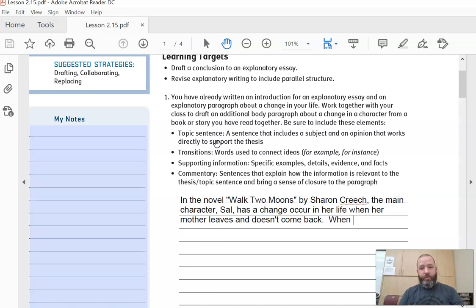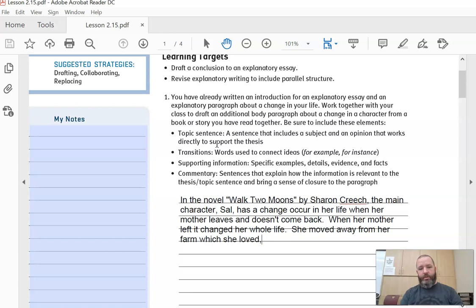Okay, when her mother left, it changed her whole life. Okay, so this is going to be the supporting information of what changes occurred in Sal's life because of it. She moved away from her farm, which she loved.